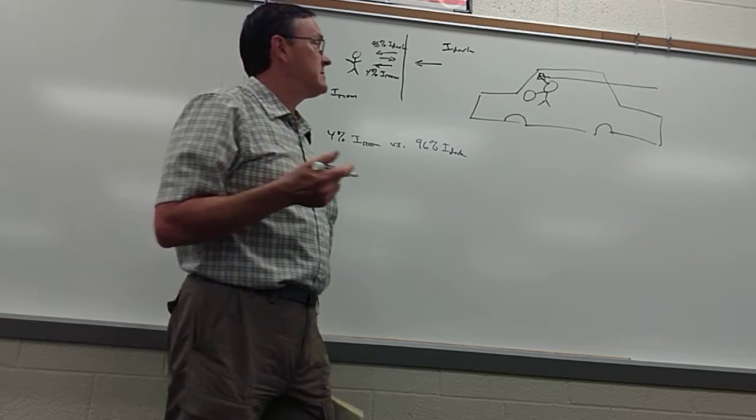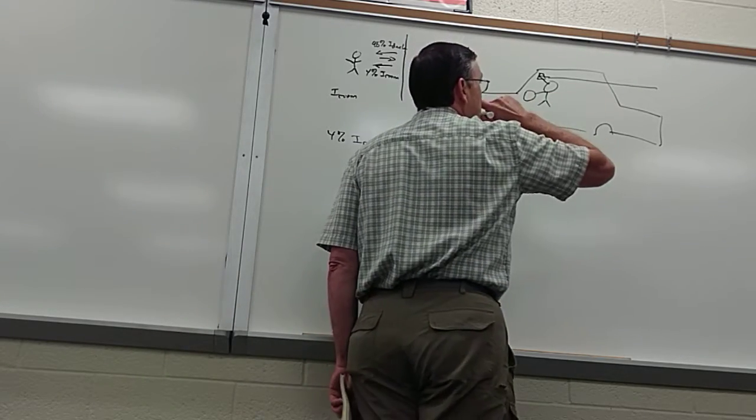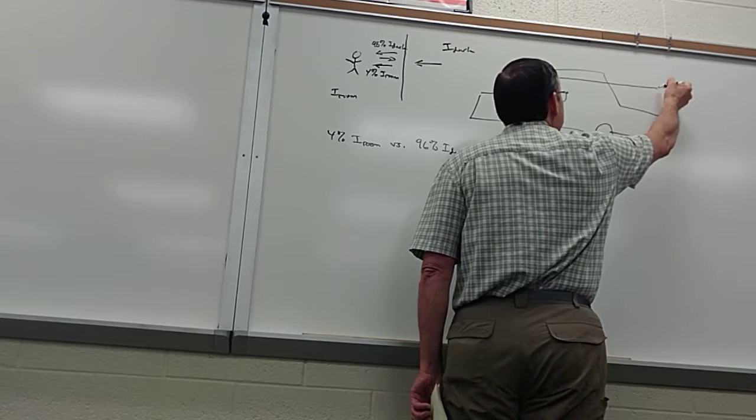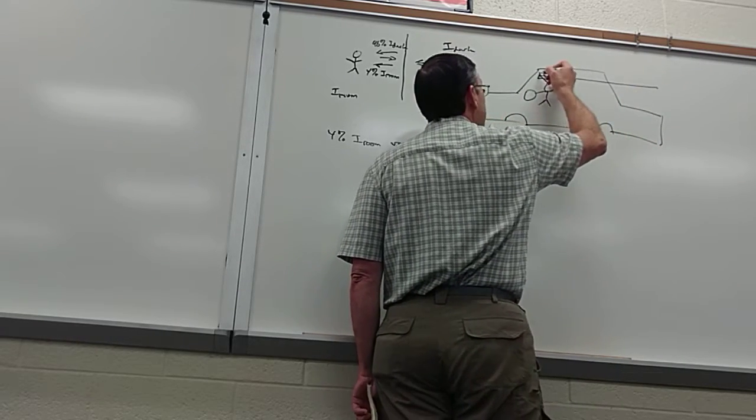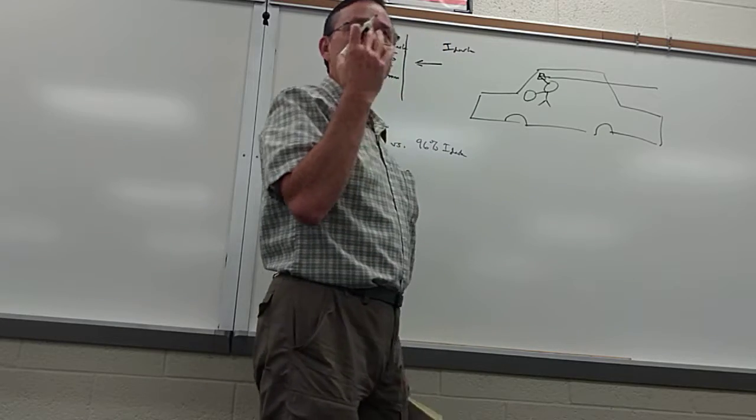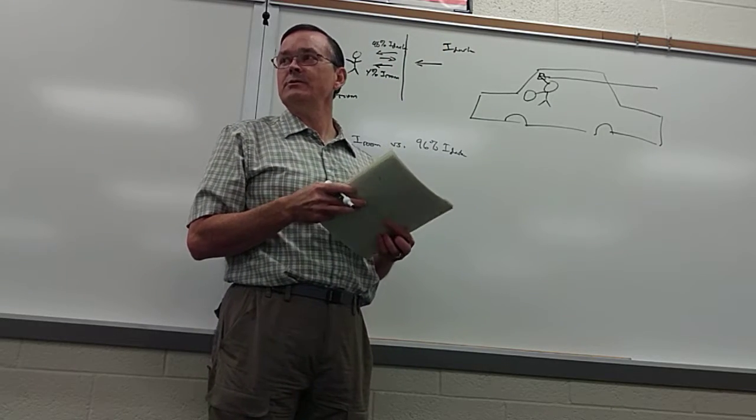But at night, everything's dark, and you've got a car behind you with its lights on, so all this light comes in, gets in your face, and is very annoying.